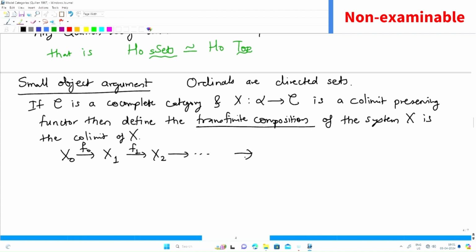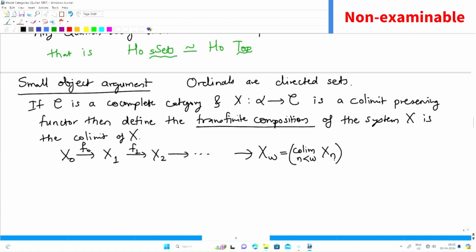Then ultimately there will be x omega. The limit of all finite ordinals is omega. Because it's a colimit preserving functor, x omega will be the colimit of xn for n less than omega.